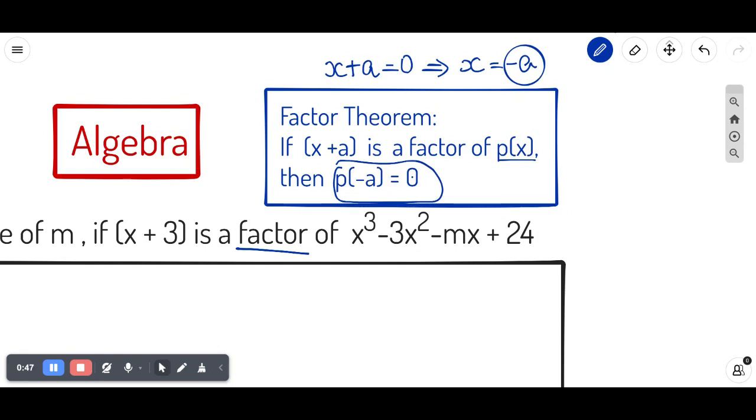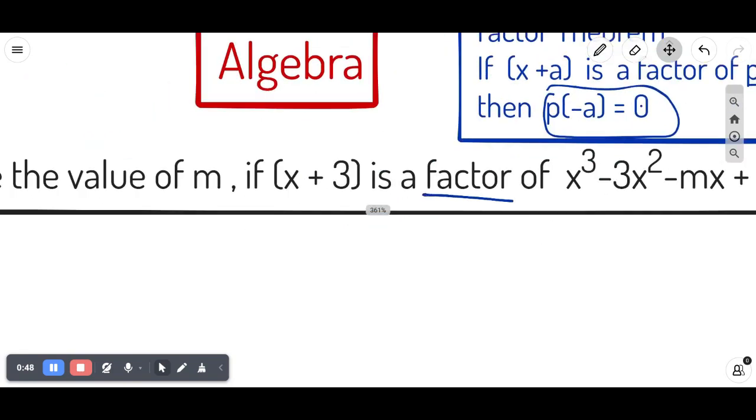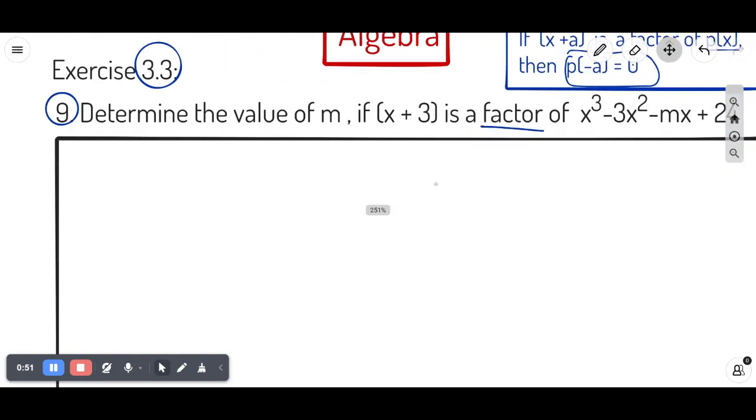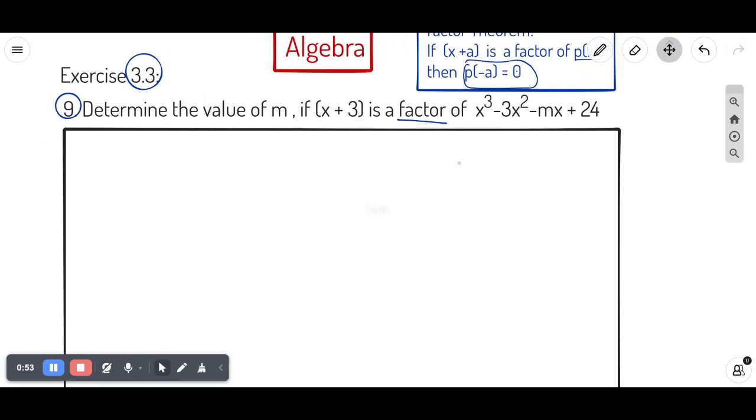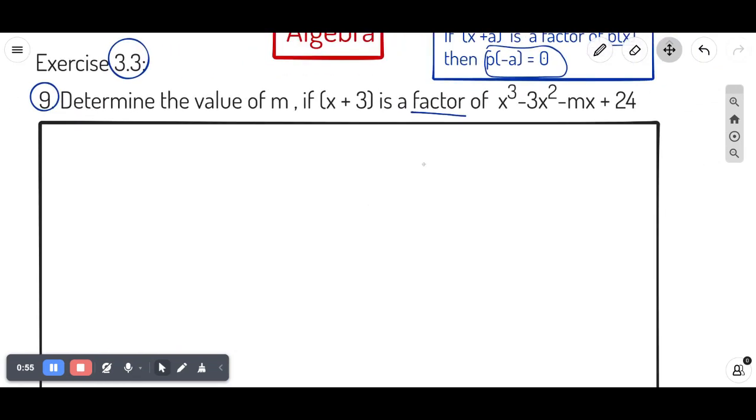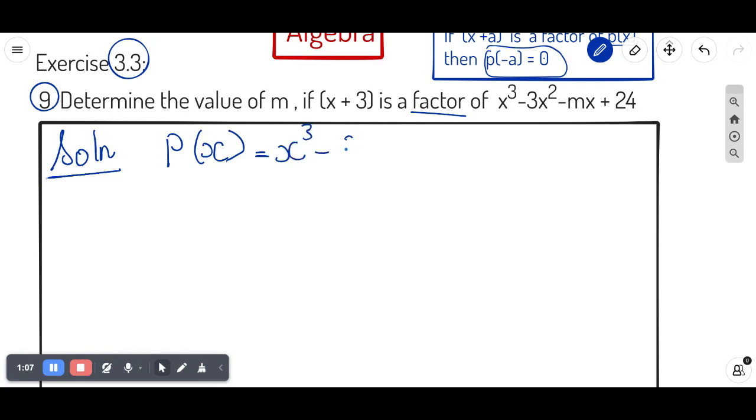So with this quick recap, let us move on to our question. In this question, we are given a polynomial and a factor, and you have to find the value of m. So let us start our solution. Our solution is p of x is equal to x cube minus 3x square minus mx plus 24.